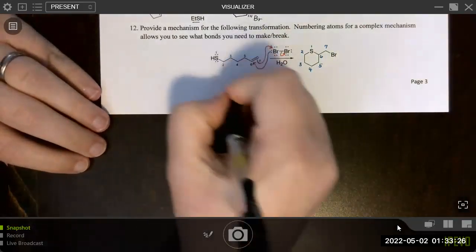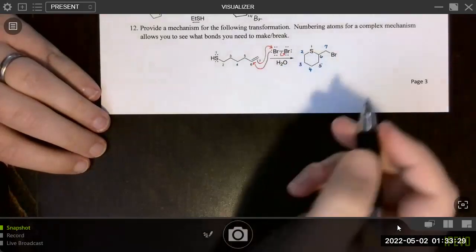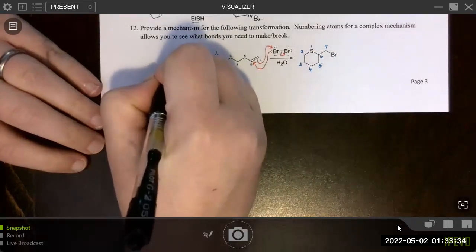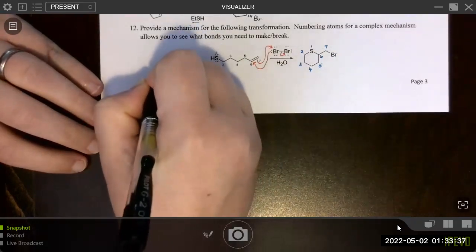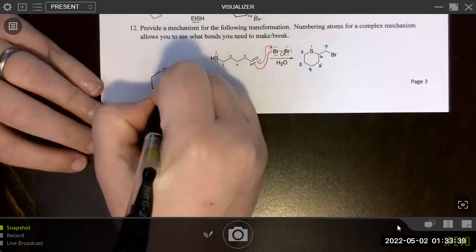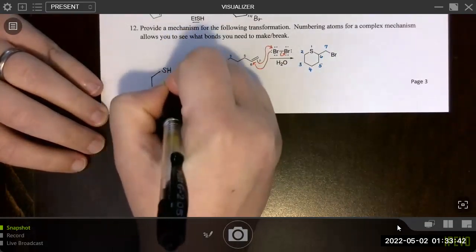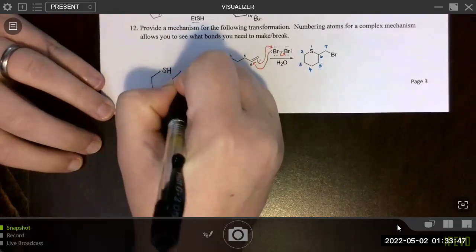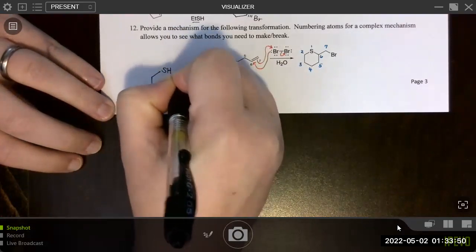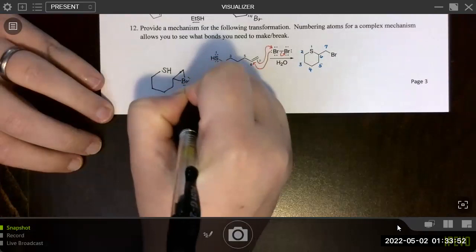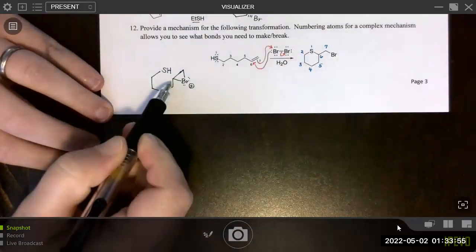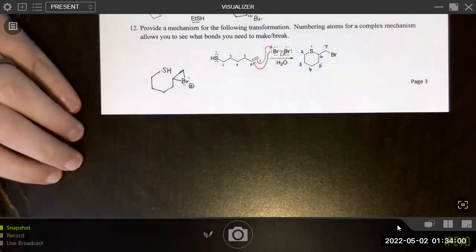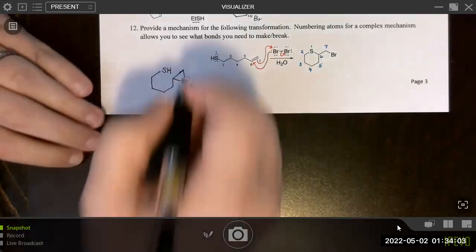So if I do that, I'm going to have the sulfur, and I'm going to have 2, 3, 4, 5, 6, and then the bromonium ion. Now again, this is a chiral center, right? So this would be on a dash or a wedge, but it's going to be a mixture of both. There's not going to be a preference one over the other.